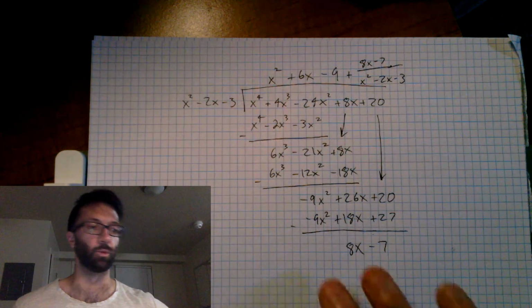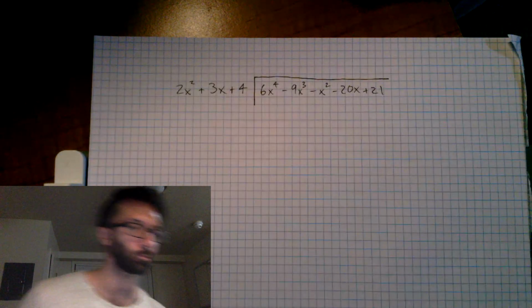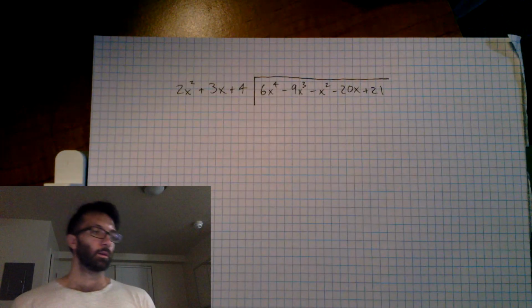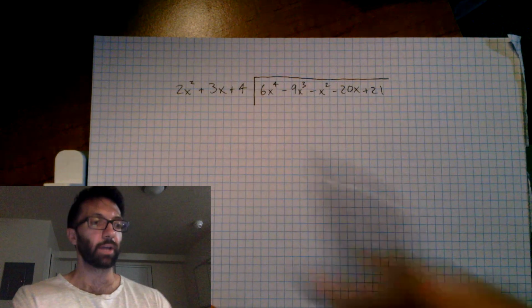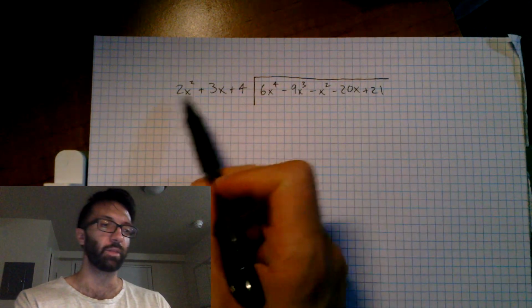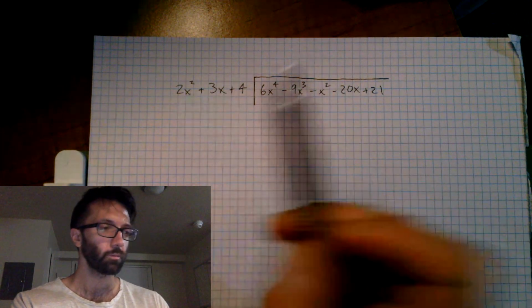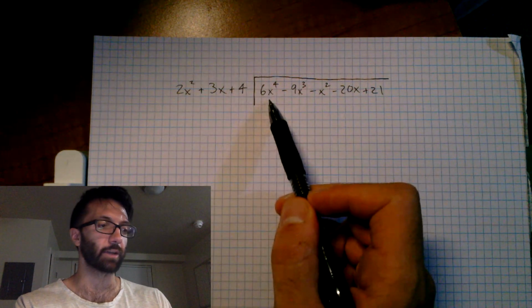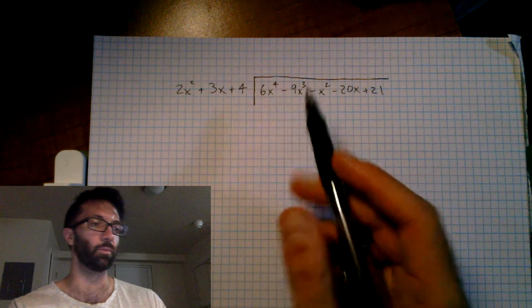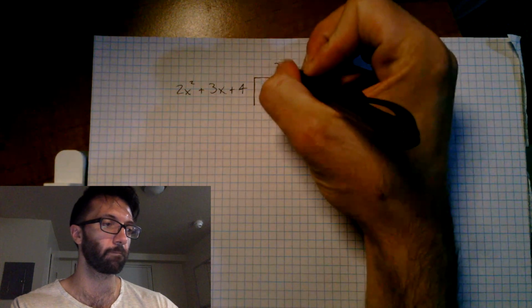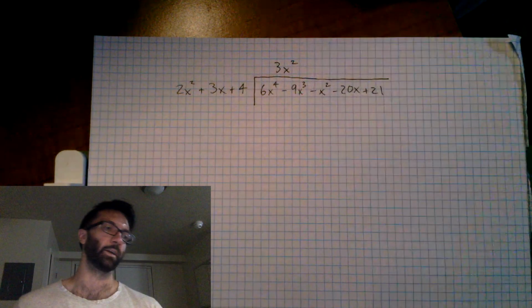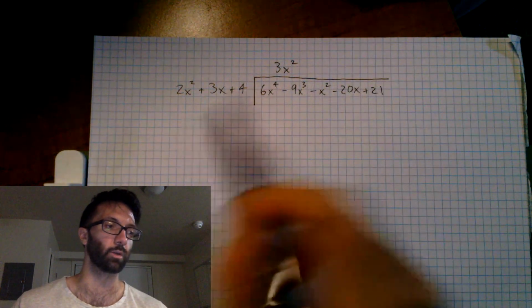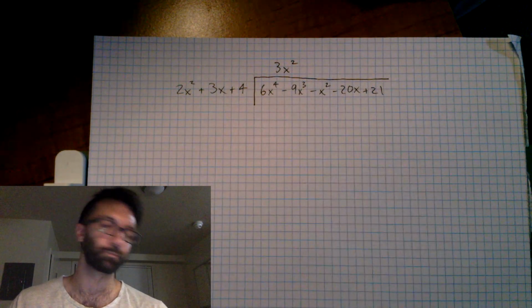All right, we'll do one more. Same process here. We're going to take the leading term of the divisor, the 2x squared. What would you multiply 2x squared by to get 6x to the 4th? That would be 3x squared, because 2 times 3 is 6, and x squared times x squared gives us the x to the 4th.